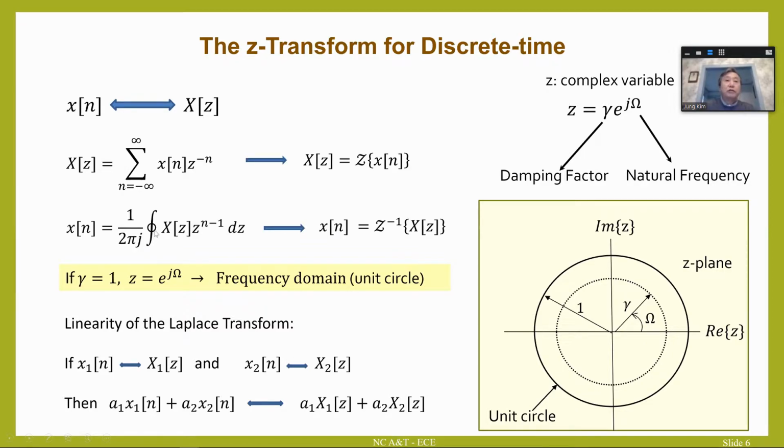However, we are not going to use this. We're going to use partial fraction expansion, just like the inverse Laplace transform.